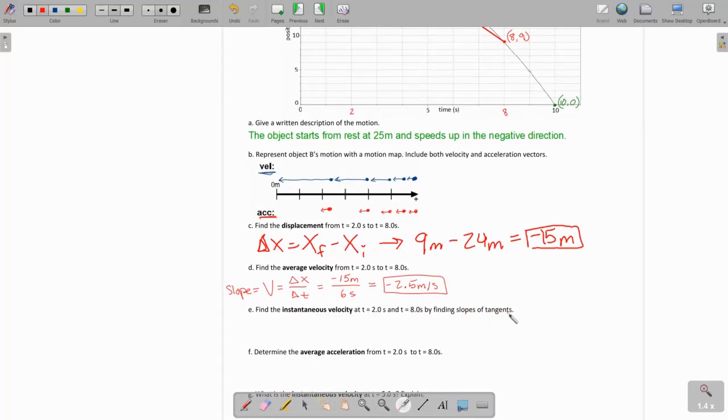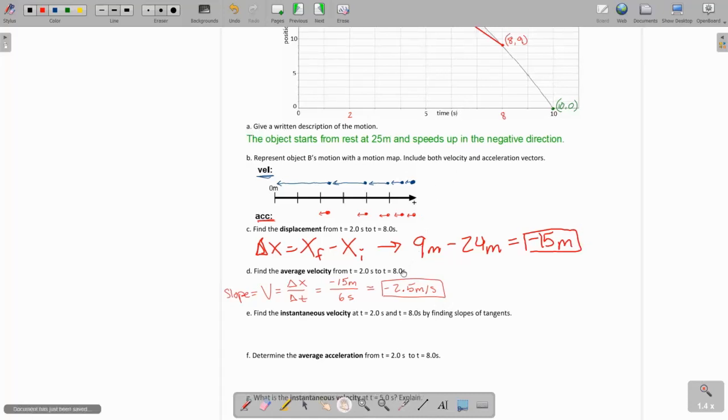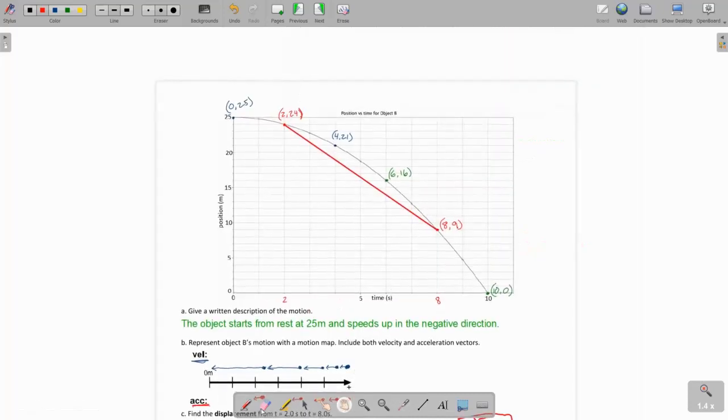So if you guys remember, going back to a worksheet we did a while ago, the tangent line is the line that extends off the outside of this curve and just touches at 2 seconds on the outside, and it just touches at 8 seconds on the outside. That's what it's referring to.